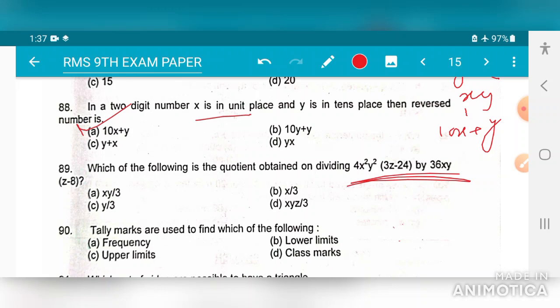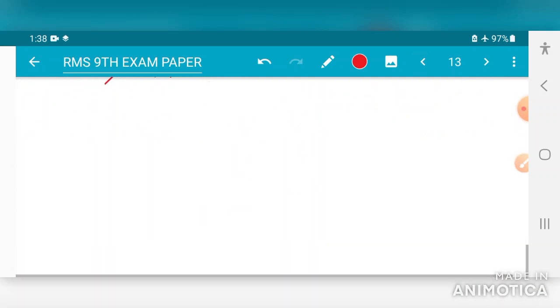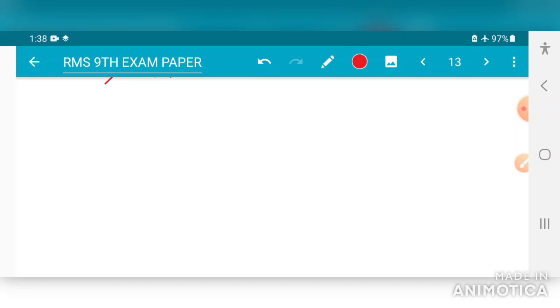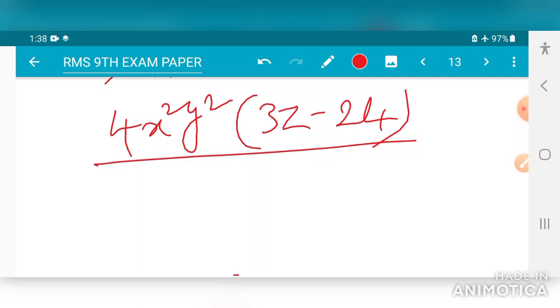See here, I'm taking this one for the solution. 4x square y square into (3z minus 24) upon 36xy into (z minus 8). This is given to us.